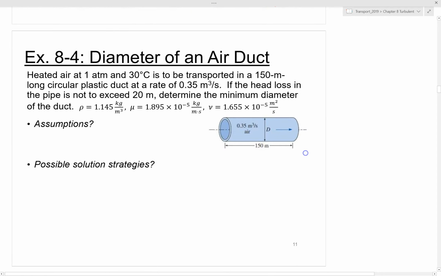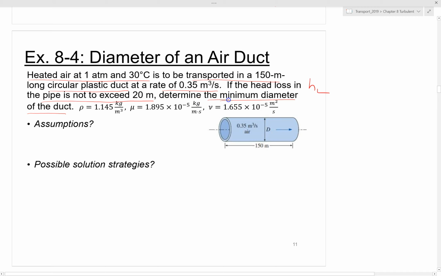Okay, so this is a diameter. The problem states that you have to find a minimum diameter of an air duct, and inside the duct you have heated air at around 1 atmosphere and 30 degrees Celsius to be transported in a 150 meter long circular plastic duct at a rate of 0.35 meter cube per second, if the head loss in the pipe is not to exceed 20 meter.